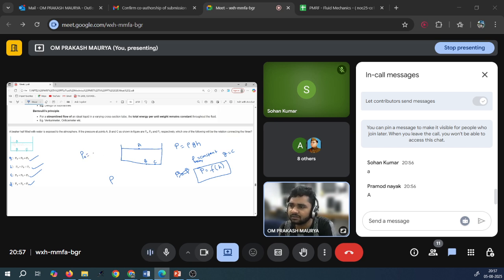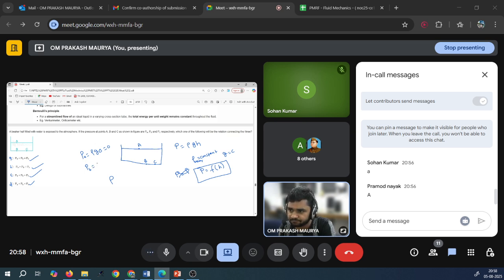So let us write PA. PA is what? Rho g h, with h equal to 0, so this will be 0. For PB, we are calculating the gauge pressure. Remember, we are not counting the atmospheric pressure.